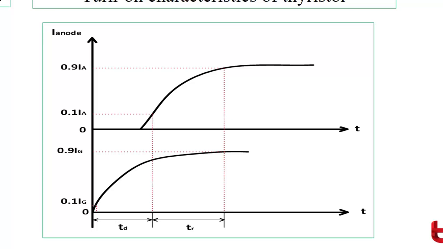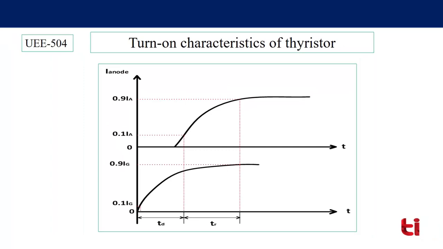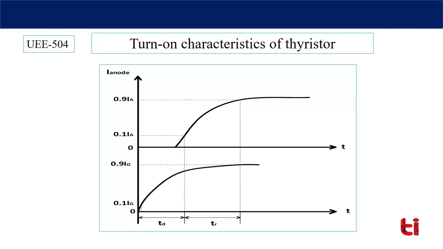During this duration, the gate current will achieve 90% of Ig. So the turn on time of the thyristor is equal to delay time plus rise time. Delay time is from 10% of Ig to 10% of Ia, the rise time is from 10% of Ia to 90% of Ia, and the total turn on time is equal to Td plus Tr.